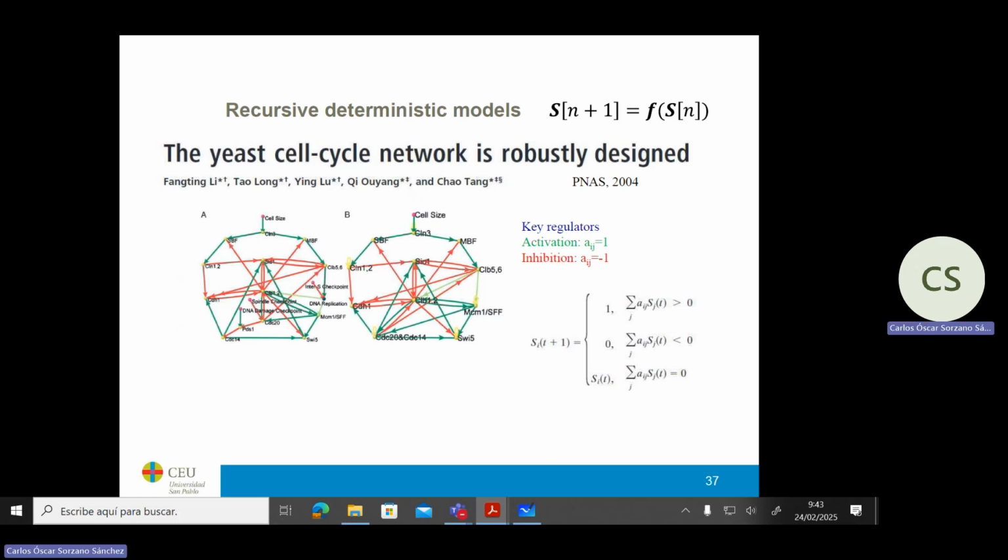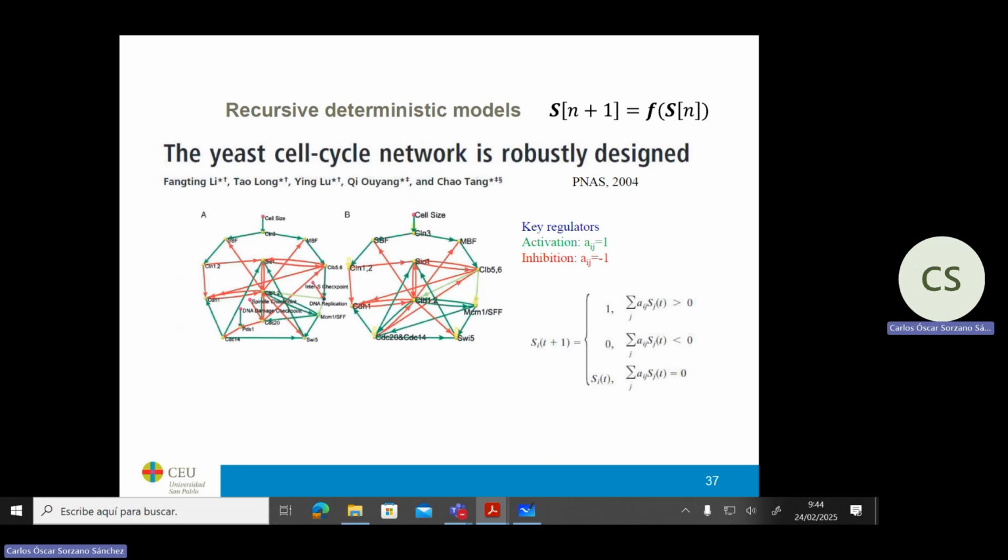And then the next state is 1 if the contribution of the connected genes, weighted by the activation or inhibition coefficient, is larger than 0. So if this sum is larger than 0, it will take value 1. If it is smaller than 0, it will take value 0.